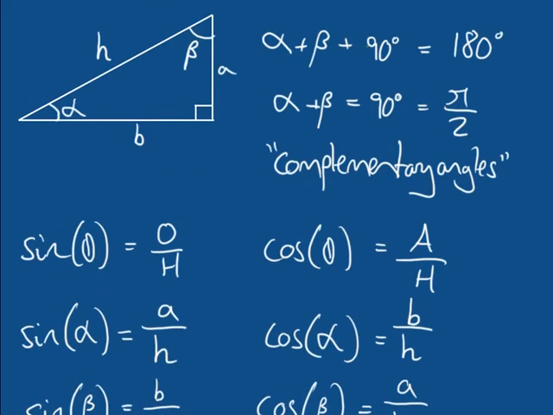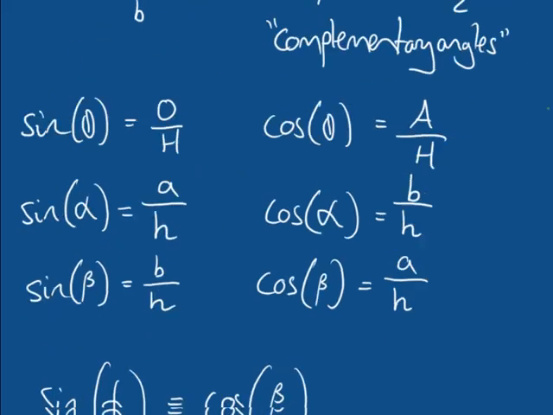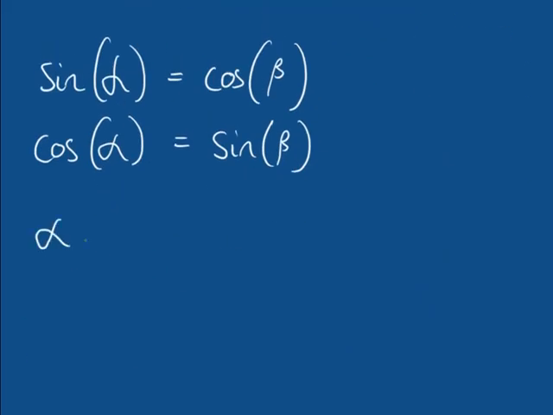Well, we said earlier, alpha plus beta add together to make 90 degrees, or pi over 2 radians. So if alpha plus beta equal 90 degrees, well then we can write alpha in terms of beta. If we take beta from both sides of the equation, we can see that alpha is equal to 90 degrees minus beta.